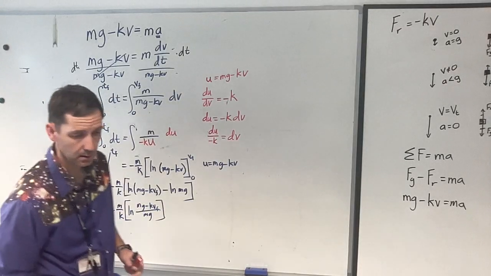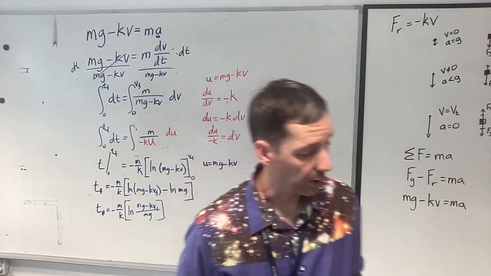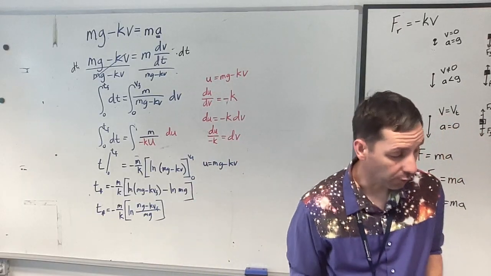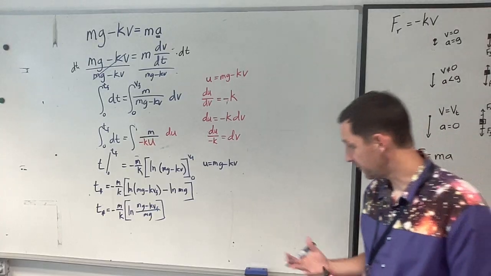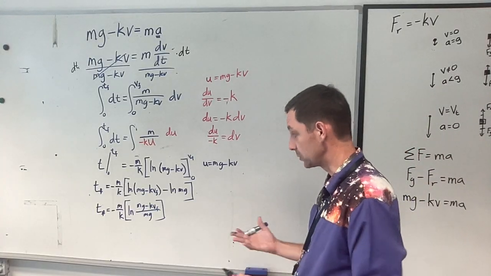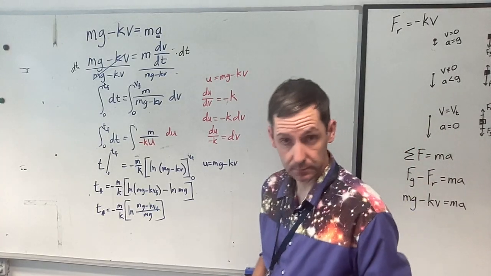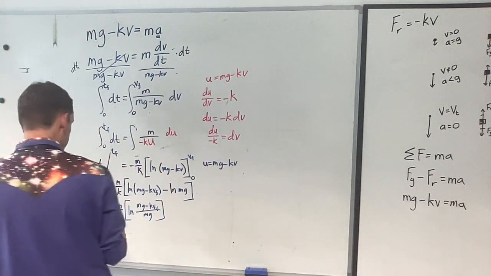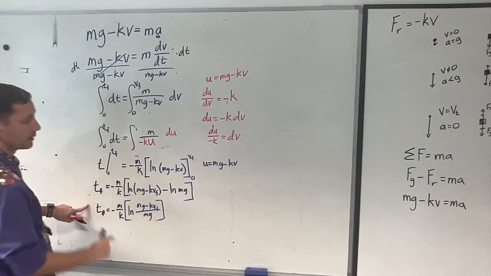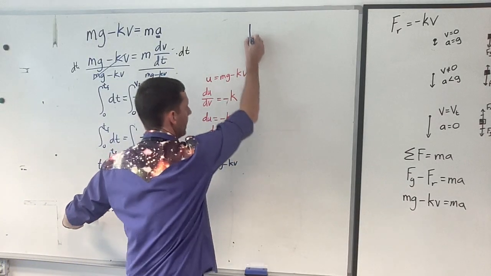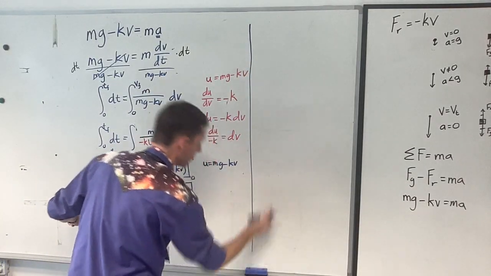All right. Now, from there, we're just going to go ahead and solve for v. And hopefully, when we solve for v, we'll be able to get to the final answer. So I'm going to move that over to the other side. Okay, I'm going to go ahead and rewrite it over here.